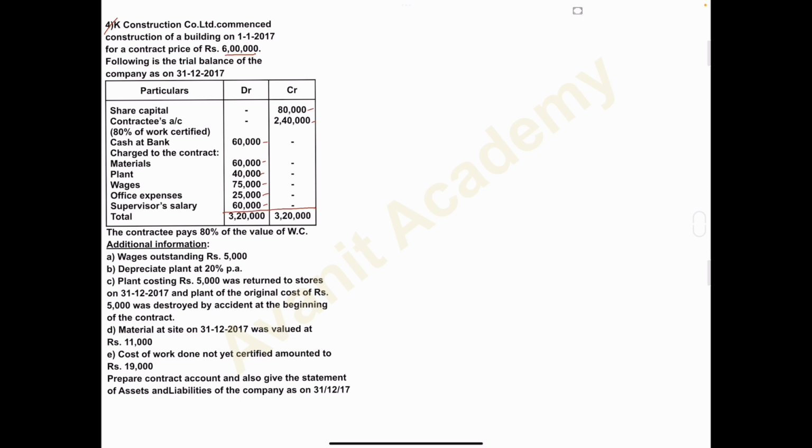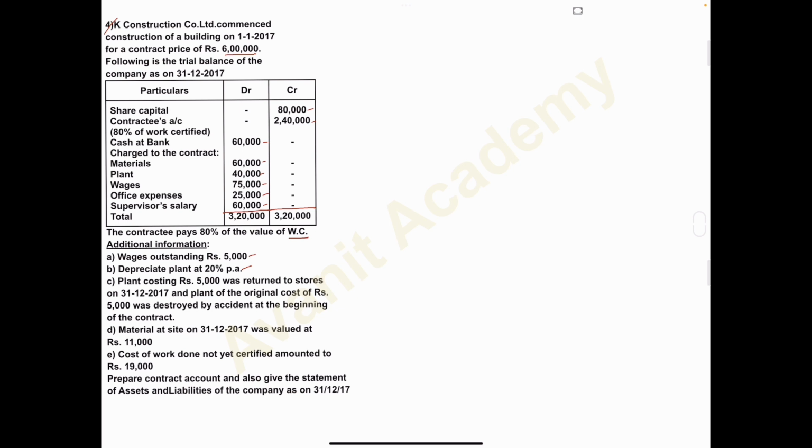The contractee pays 80% of the work certified. Additional information: wages outstanding rupees 5,000. Depreciate plant at 20% per annum. Plant costing rupees 5,000 was returned to store on 31st December 2017, and plant of the original cost of rupees 5,000 was destroyed by accident at the beginning of the contract.